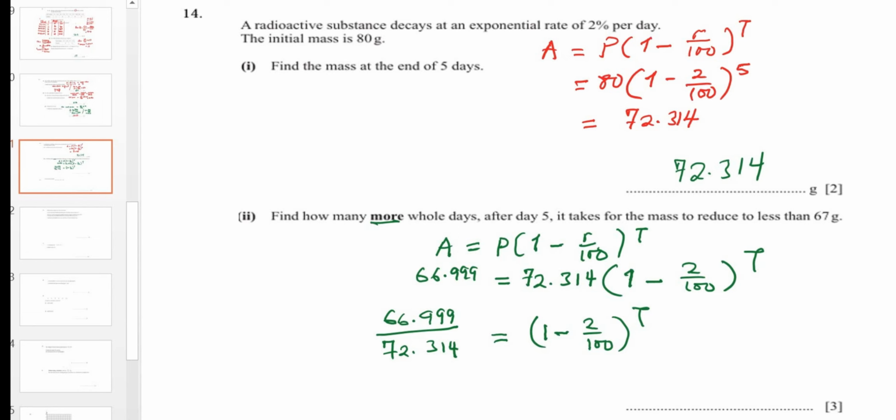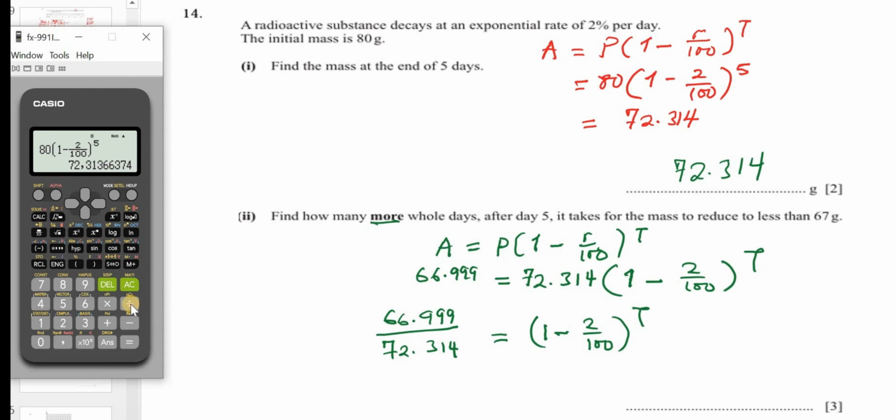So if I divide this, let's invoke our calculator. This is 66.999999 divided by 72.314.